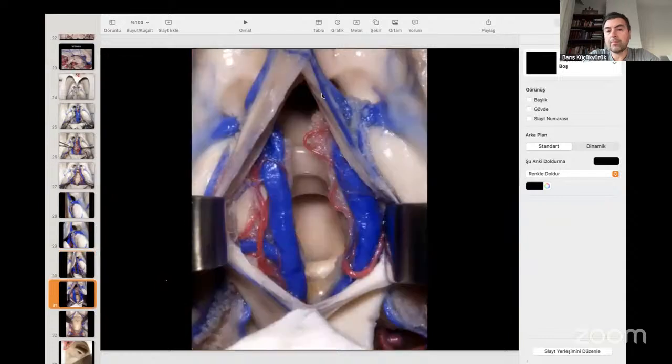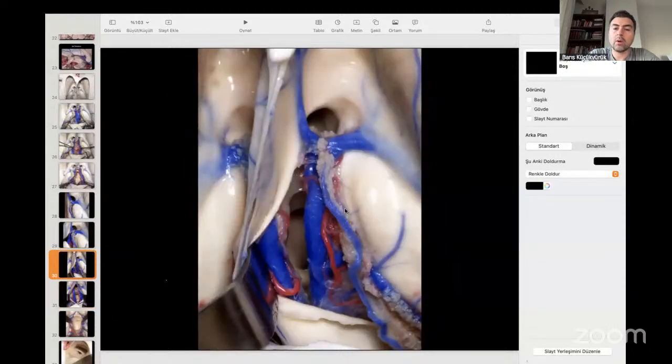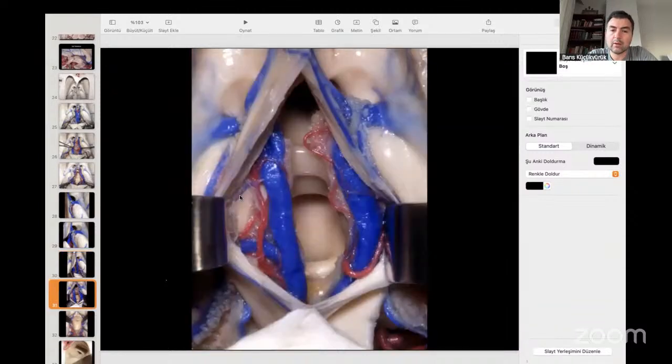This opening can also be obtained interfornicially, but arguably, if we go transchoroidally, there is a possibility of damaging or destroying only one fornix, while the contralateral fornix will be saved. But the disadvantage is that we have a view from a lateral angle, so the ipsilateral internal cerebral vein can partially block our view, while the interfornicial approach will provide a midline and maybe a more enlarged view.